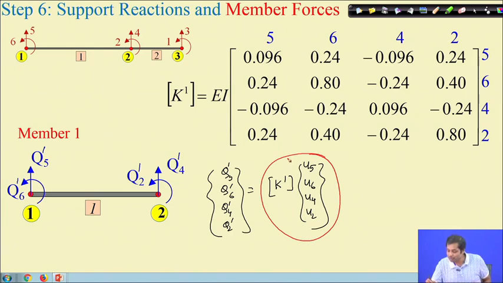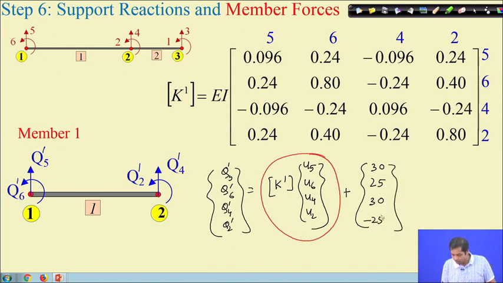and then in addition to that we have the contribution from the fixed end actions. For this, the fixed end actions are 30, 25. You can check the fixed end moments and then the forces, minus 25. Now, we already know that U5, U6, U4 are 0, and U2 is equal to 12.5 by EI.